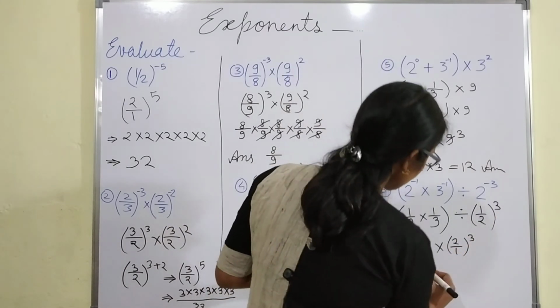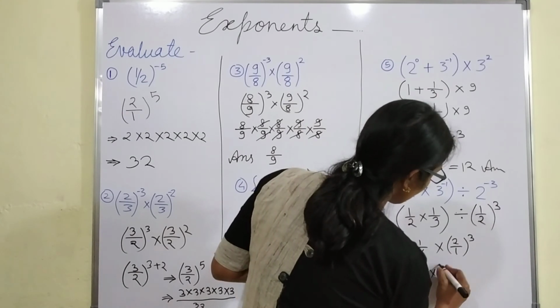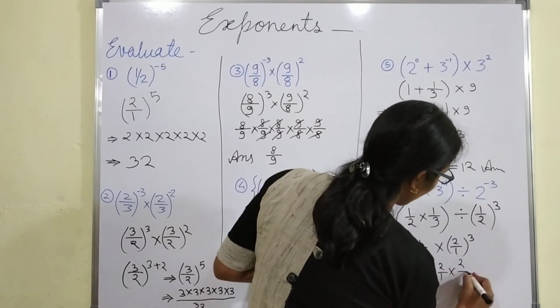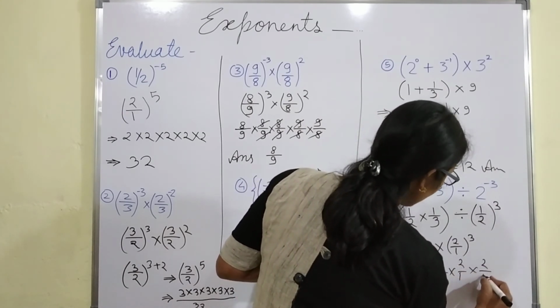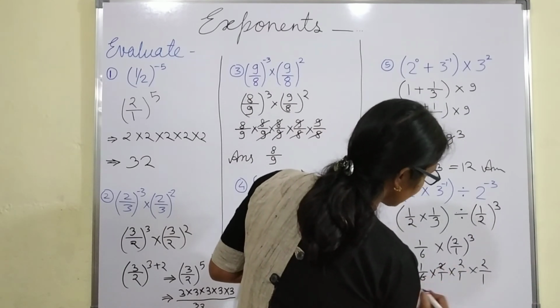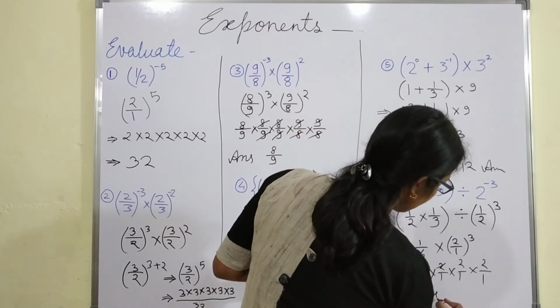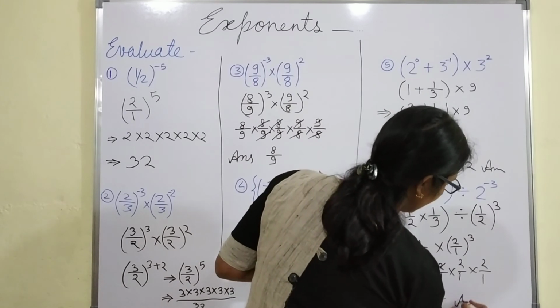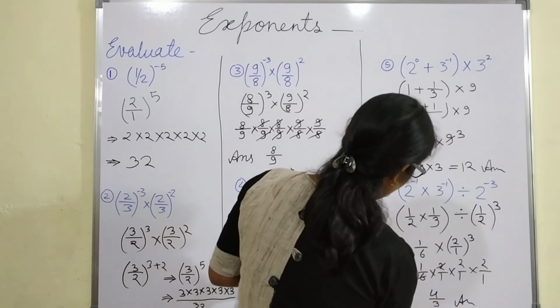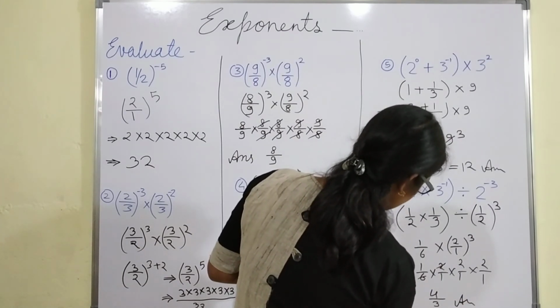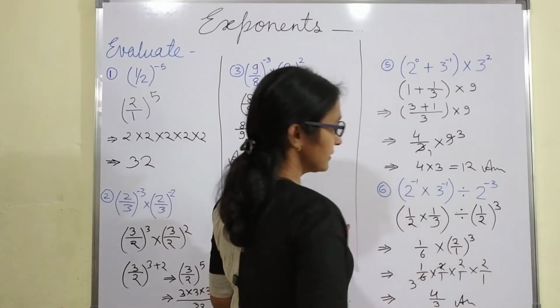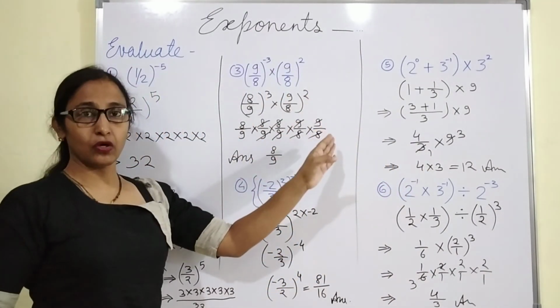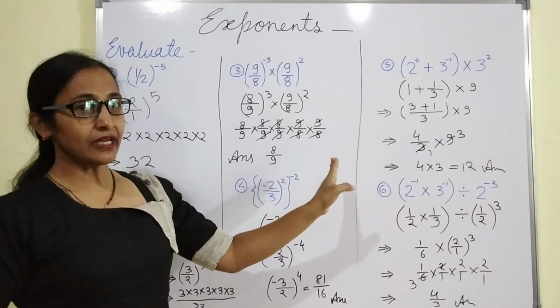So 1 upon 6 into 2 upon 1 into 2 upon 1 into 2 upon 1. 2 ones are 2, 2 threes are 6. So our answer is 4 upon 3. I hope you are understanding all the sums. Don't forget to write the laws on the right side of the sum.